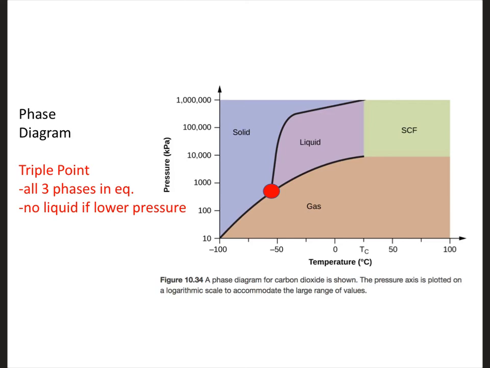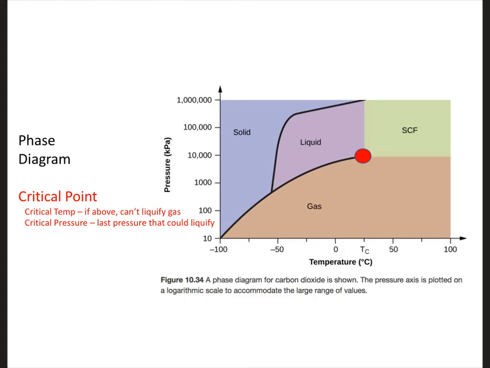It will be a solid, liquid, and a gas in that container at the same time. They will be in an equilibrium. And at that triple point, if you lower the pressure, it will turn into a gas. All right, because we're talking about lowering the pressure, and so that's going to drop it into the gas area. No option for a liquid at that point.